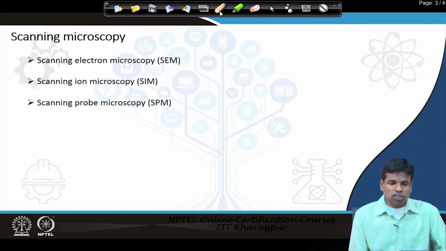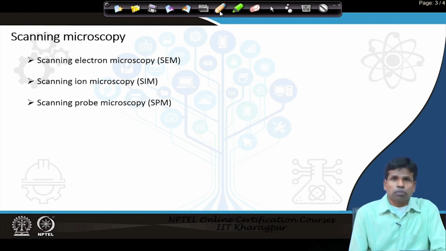Both these microscopes provide us a three-dimensional image of the surface of any solid sample, to a resolution better than 1 nanometer.